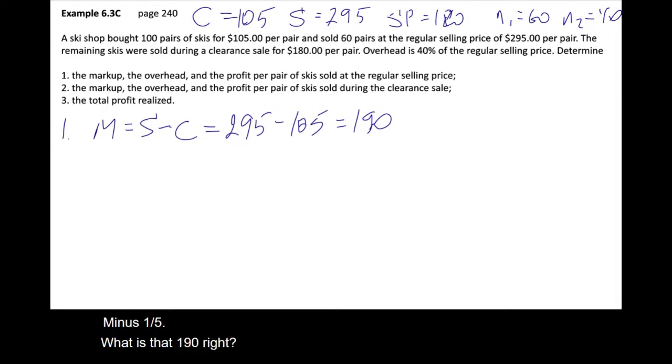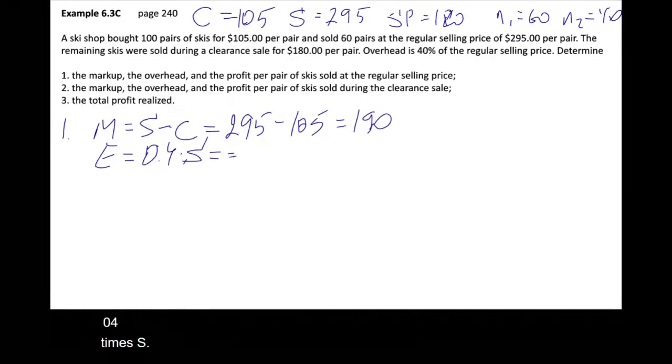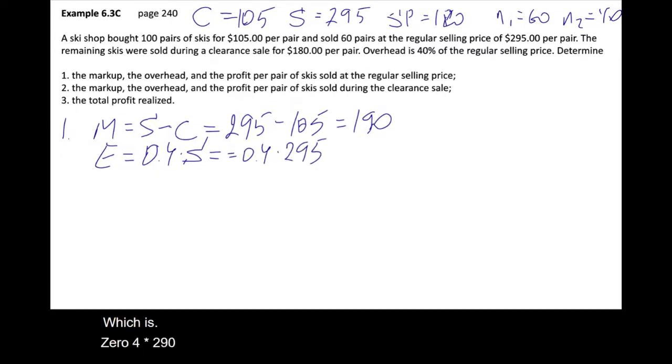So then overhead. Overhead is 0.4 times S, which is 0.4 times 295.